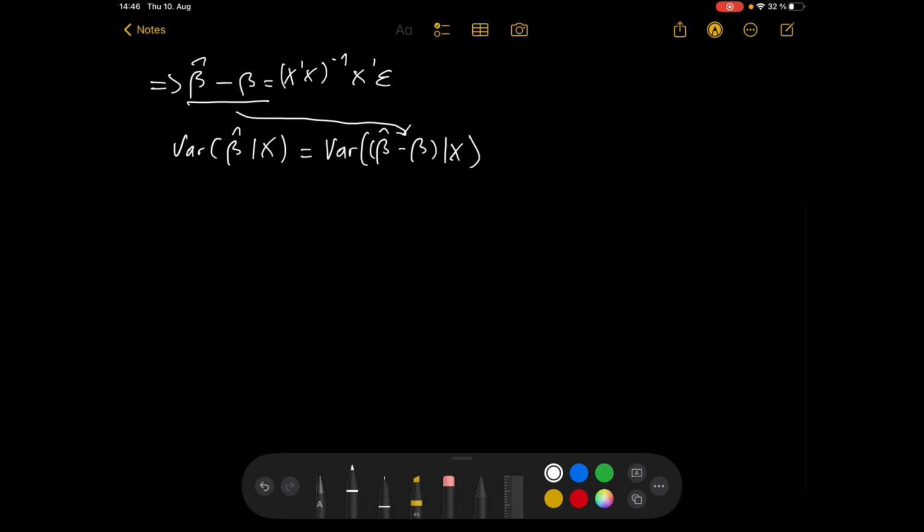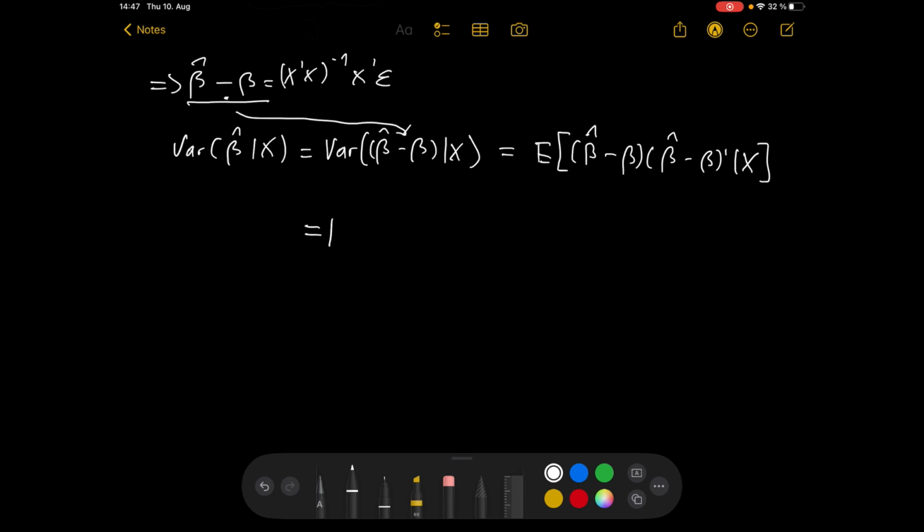Then we've got the quadratic form for the variance. Let's do it here. The expected value of beta hat minus beta times beta hat minus beta prime given x. So this is the quadratic form for variance in matrix notation.